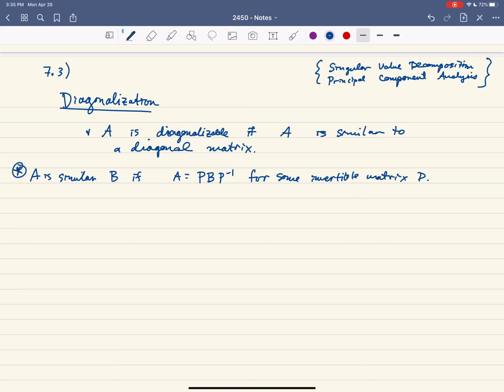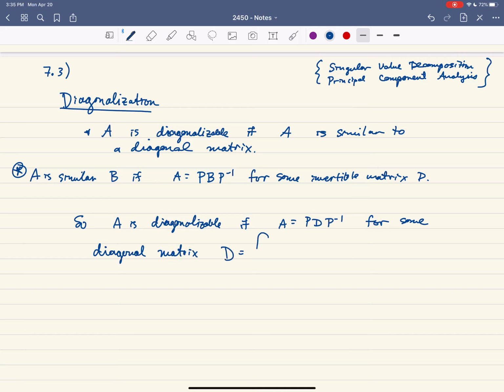So a matrix A is going to be diagonalizable. Let me just say this again. A is diagonalizable if you can write A as P times D times P inverse for some diagonal matrix D. Remember that a diagonal matrix is a matrix where you have terms on the main diagonal, possibly 0, but everything else is 0.